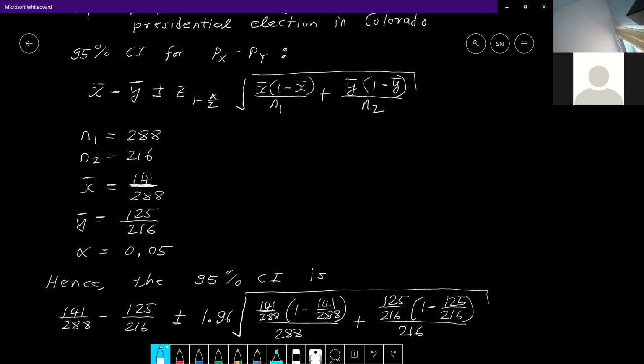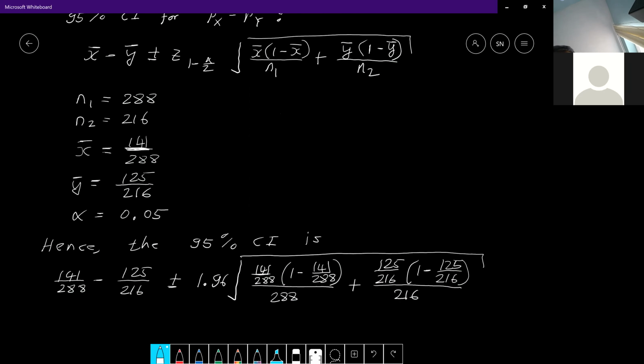The solution is as follows. If you work this out, you will get the lower limit is minus 0.1177, and the upper limit is minus 0.0015.